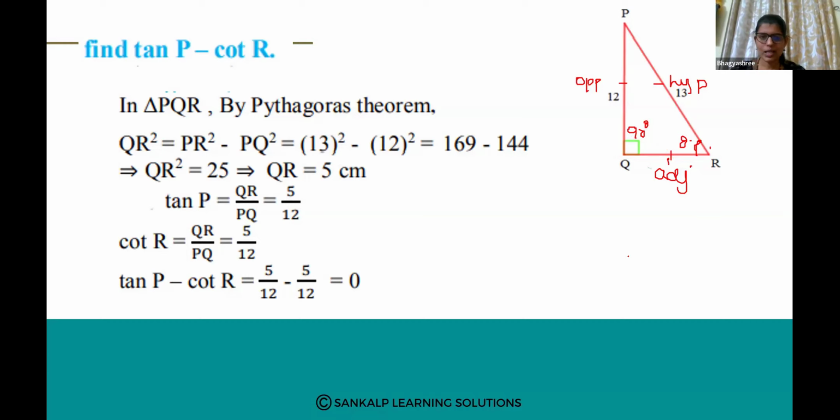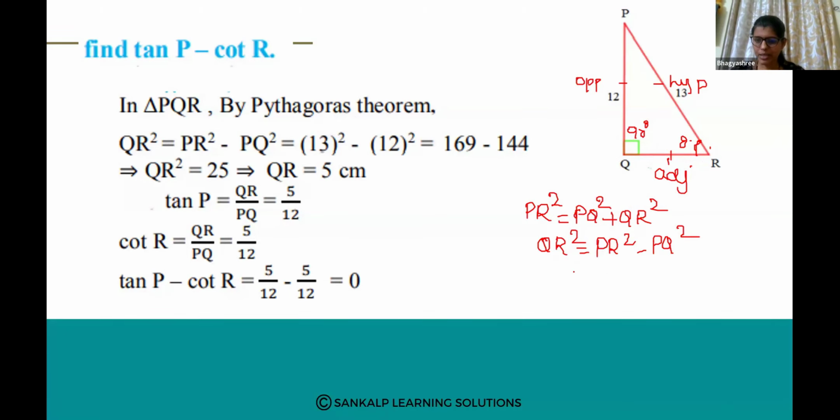So by Pythagoras theorem, PR square, that is hypotenuse square, is equal to PQ square plus QR square. What we want? We want QR square, right? So QR square is equal to PR square, transfer this PQ to this side, minus PQ square.